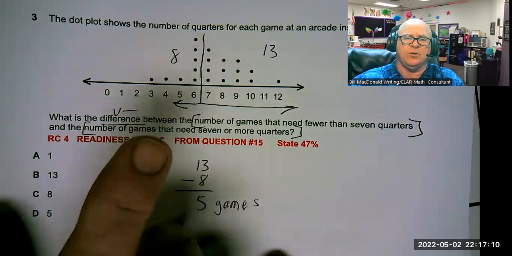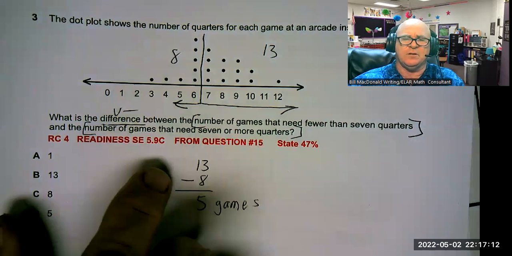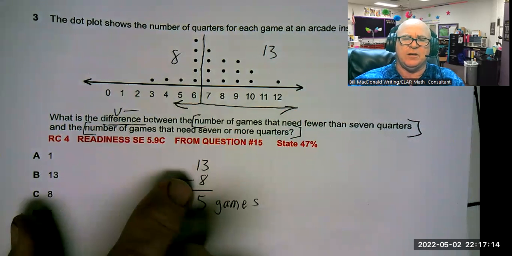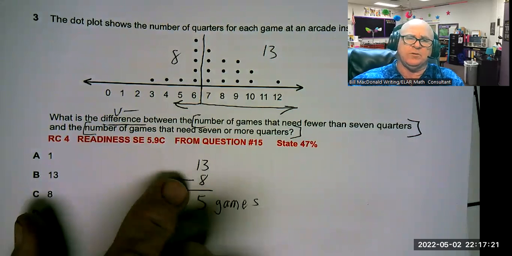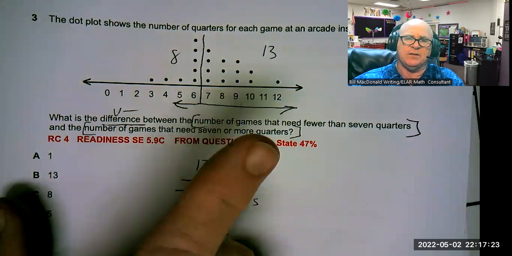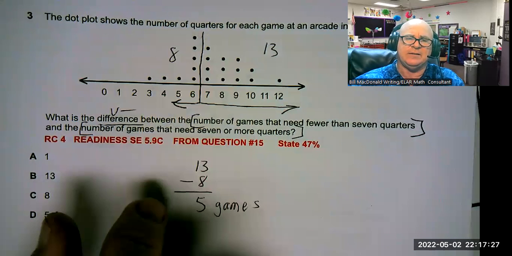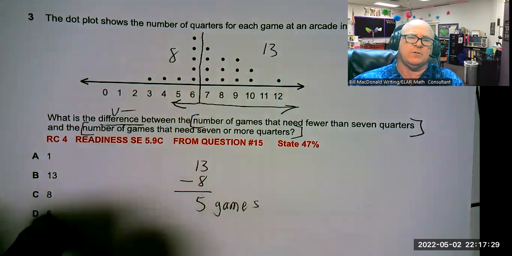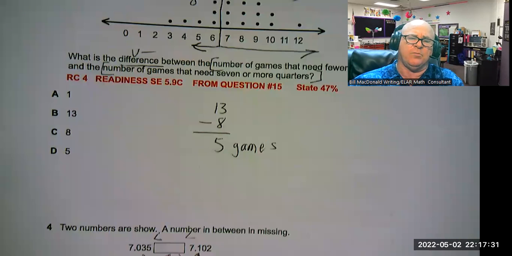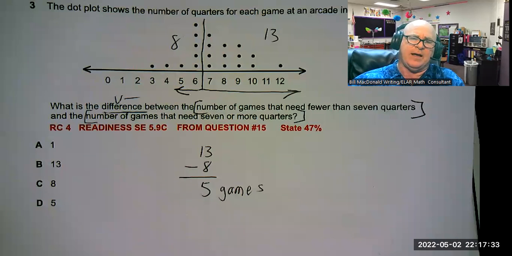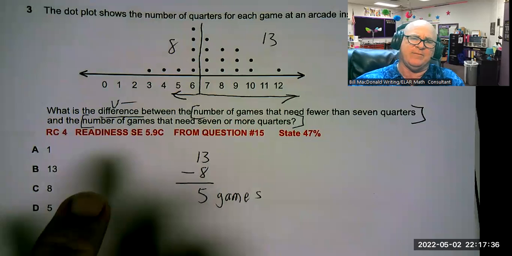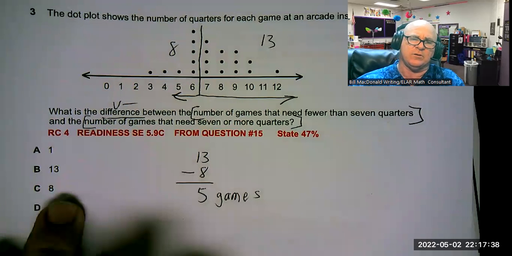So you see, you can tell your students it's subtract 8 from 13 or 13 take away 8, the number that needs more subtracted by the number that needs less than 7, and you get 5 games, which is letter D. Sometimes you can extend the problem by asking questions that would have the other answers.